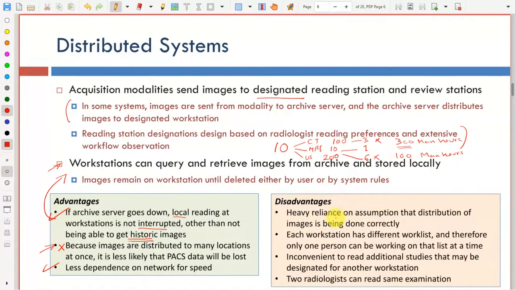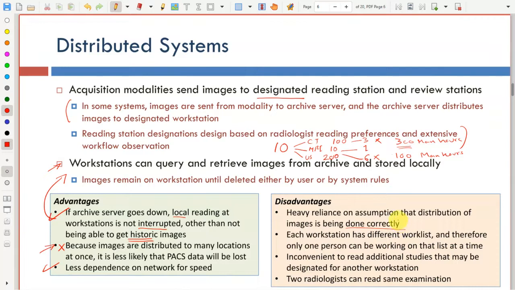The disadvantage is that you have very heavy reliance on the assumption that the distribution of images is being done correctly. If you have multiple workstations, how are you going to have a central work list for the doctors? These workstations are not connected to a central server.